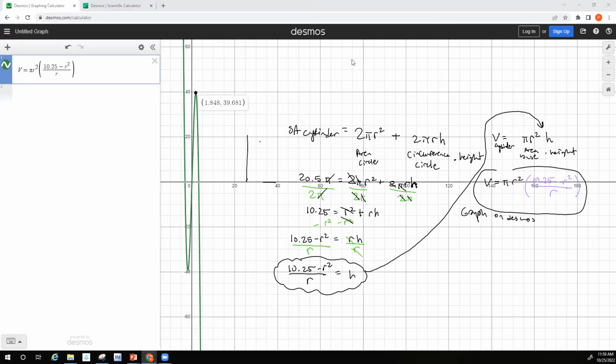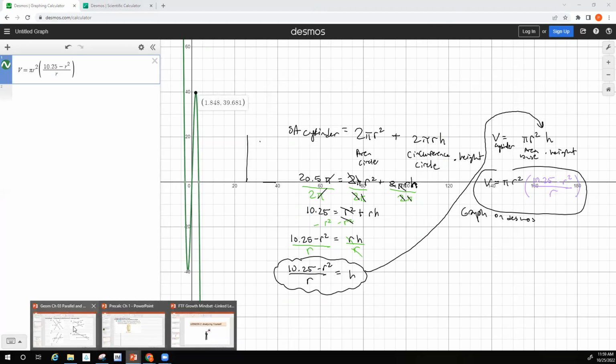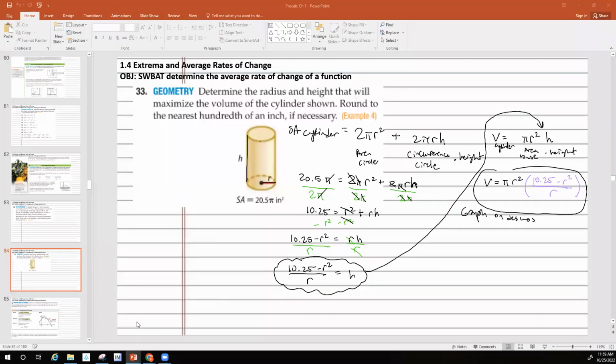All right. And then go back to the PowerPoint. Is it this one? So our relative maximum is going to be R equals 1.85. There you go. But hey, don't we need the height? Yeah.